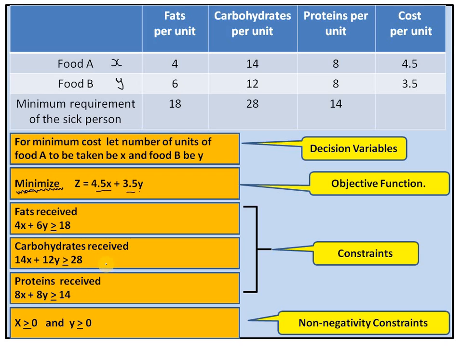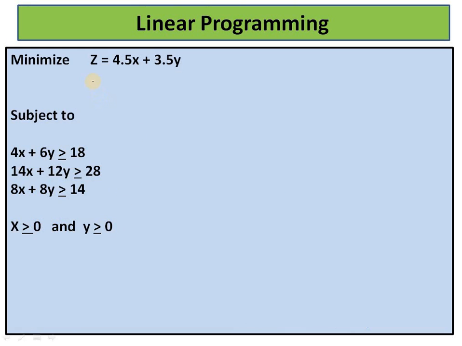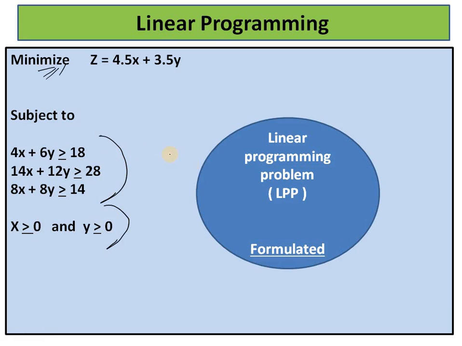तो ये हमने प्रॉब्लम फॉर्मुलेट किया। लिखने का कैसा? He has to now minimize the cost। this is the cost, 4.5x plus 3.5y, subject to all this should be satisfied, and x should be greater than 0, y should be greater than 0। this is again what we have done बच्चों, we have formulated the linear programming problem। have we solved it? have we told him how much x and how much y, how much food A you should take and how much food B you should take?